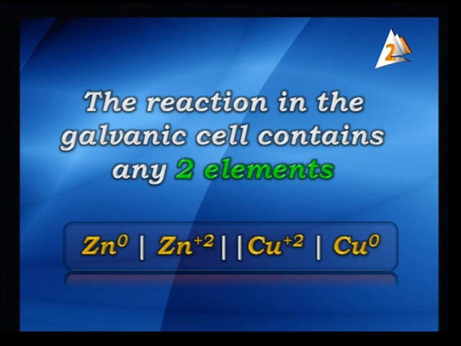We have the diagram here between the two halves of this cell. It will be Zn(0) | Zn2+ || Cu2+ | Cu(0), oxidation and reduction. These are the lines found between these symbols.